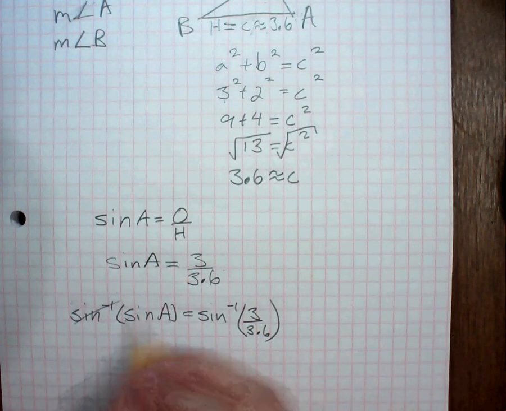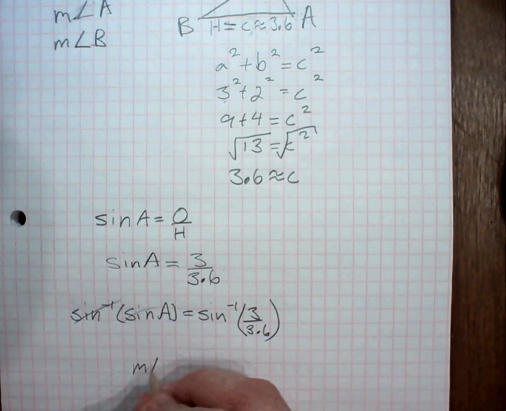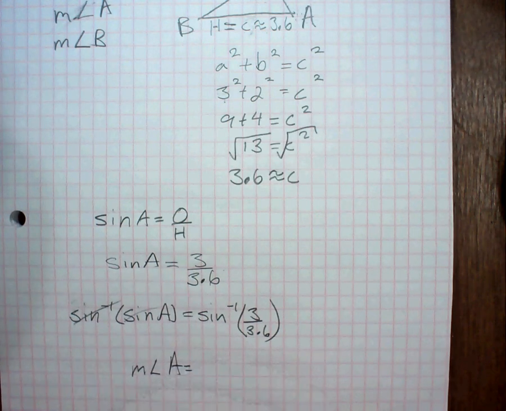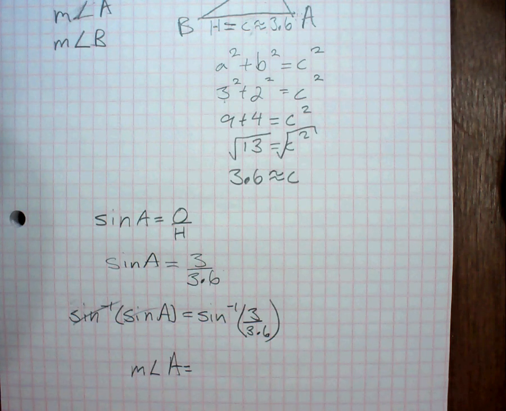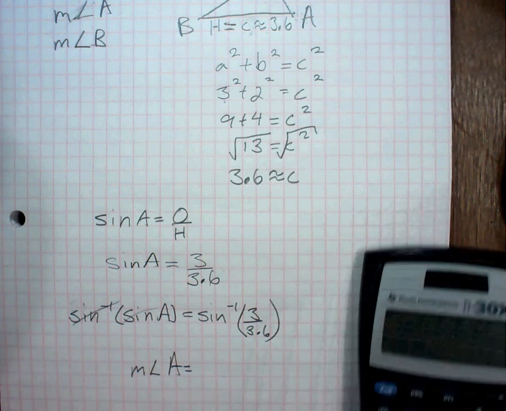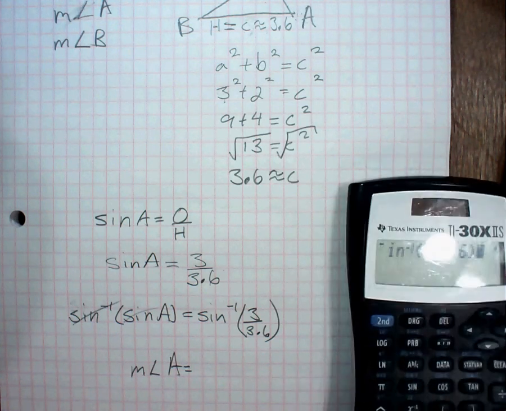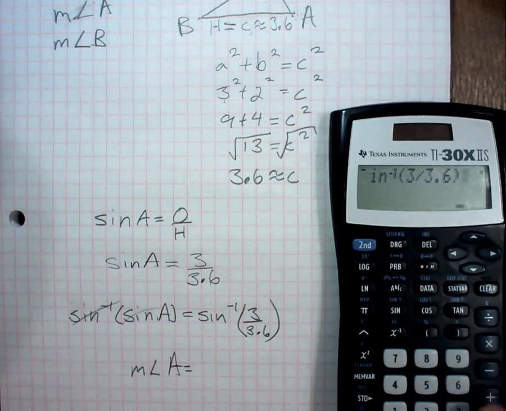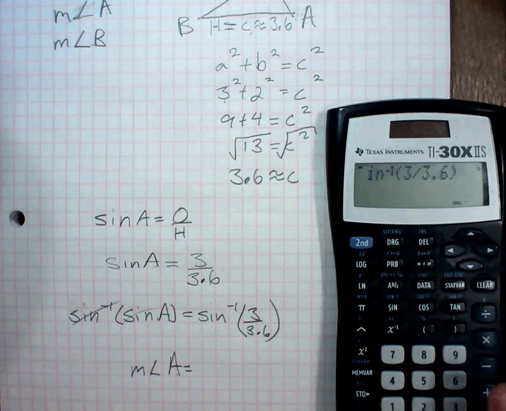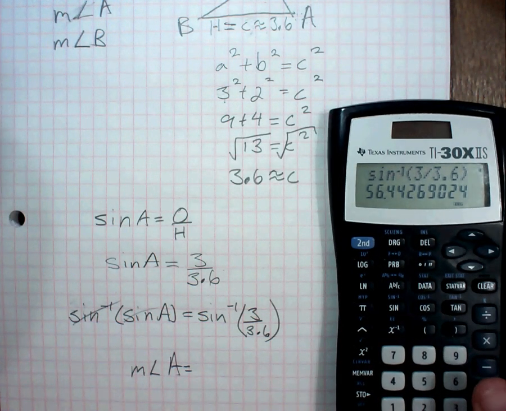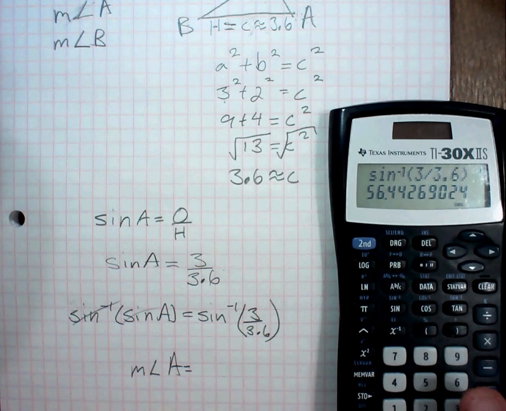So then this cancels with this, and I should get the measure of angle A is equal to the arc sine of 3 divided by 3.6. So I plugged into my calculator the arc sine of 3 divided by 3.6, I hit enter. And I get 56.4. Okay.